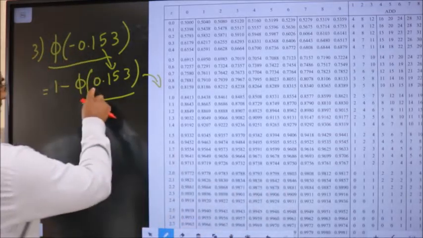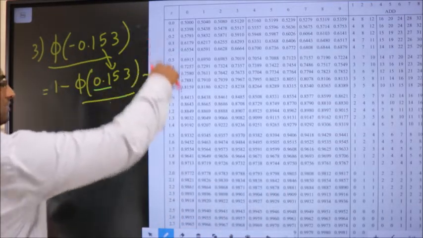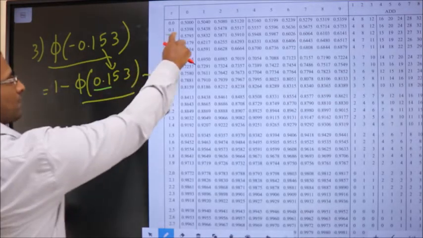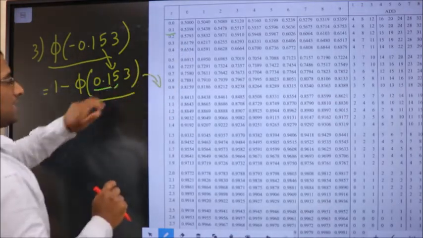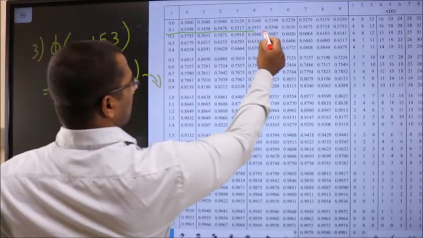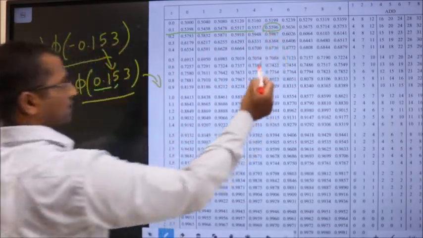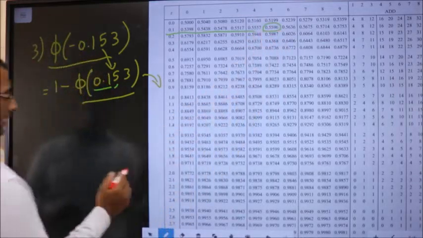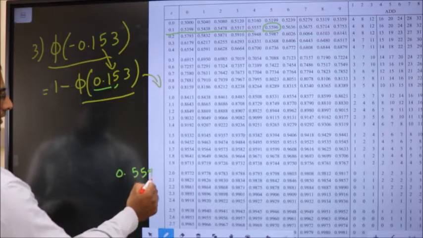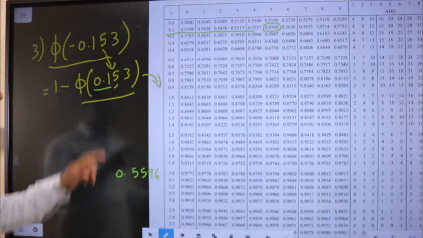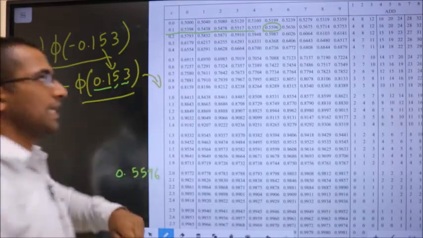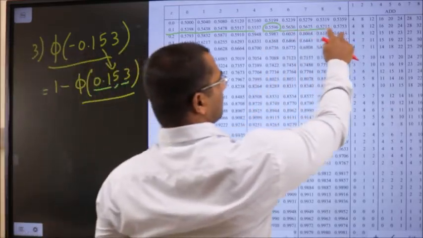Now 0.1, in this column, where do you come across 0.1? Here. Next decimal is 5. So in the same row, where do you come across 5? And the answer that you have at 5 is 0.5596. Next decimal is 3. So look for 3 in the same row.